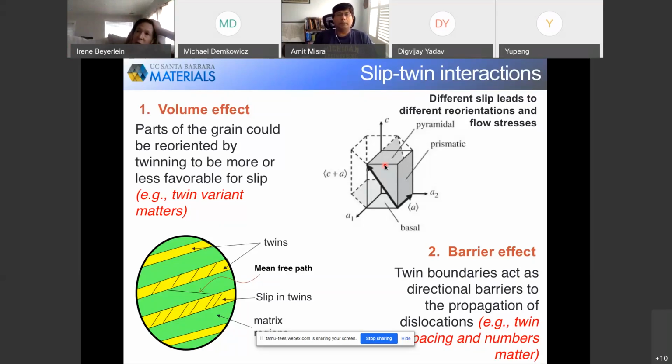Alternatively, if I wanted to promote contraction twinning, I would apply the load to my texture such that most of the c-axes would have to contract in order to accommodate the applied load. Then I would have a situation where contraction twinning would be favored.